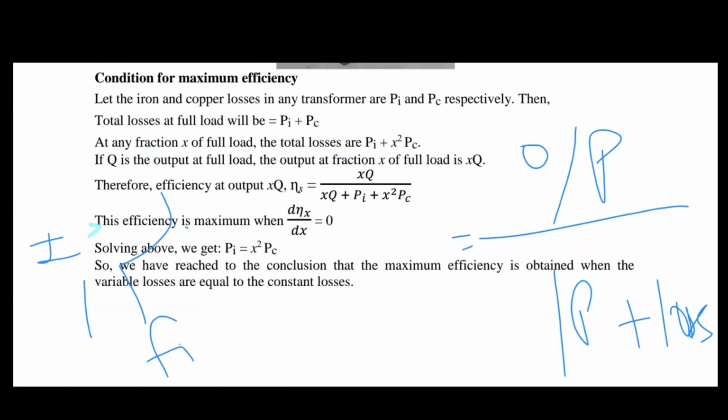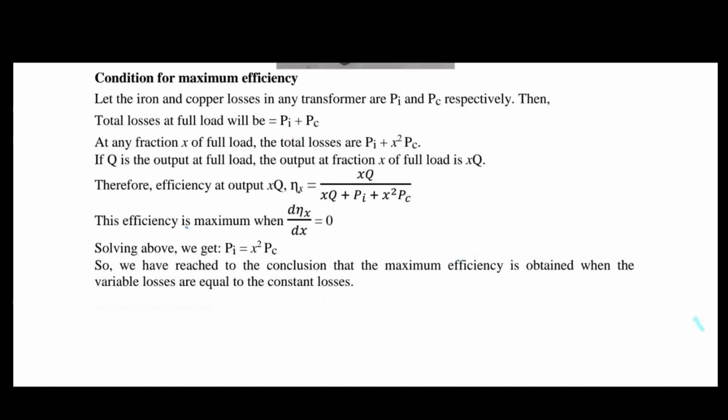As the name suggests, the fixed losses will remain fixed irrespective of the load. Whether the transformer is in no load or full load, it is not going to affect them. So the fixed losses will remain the same.